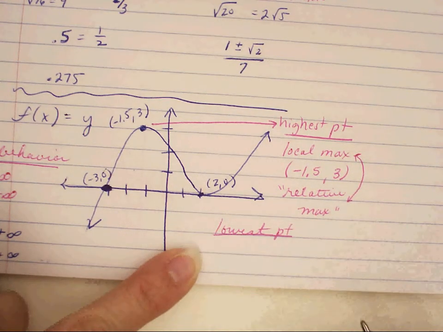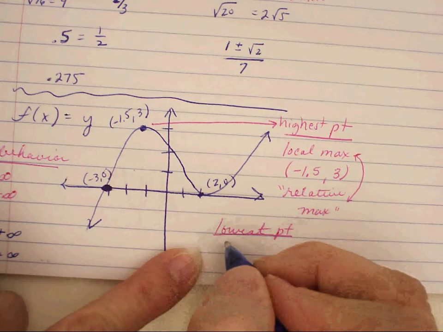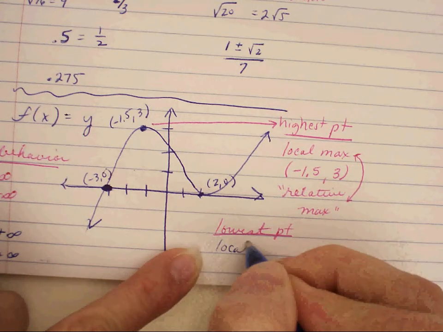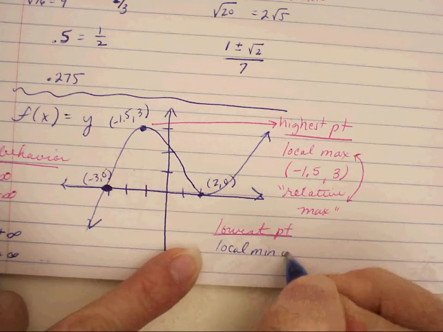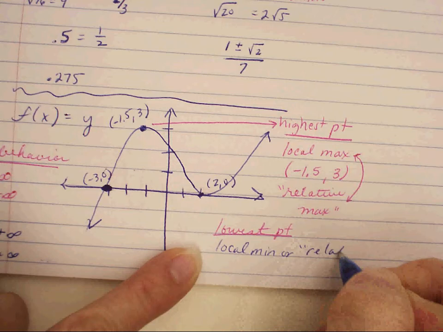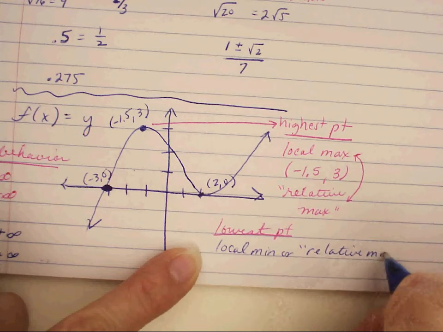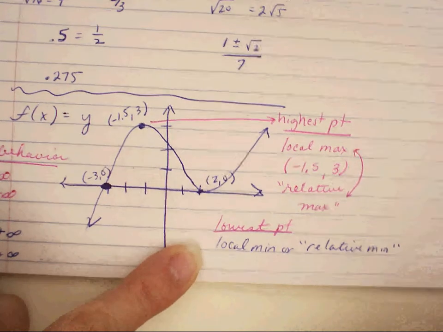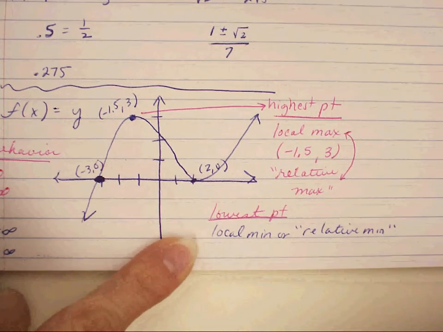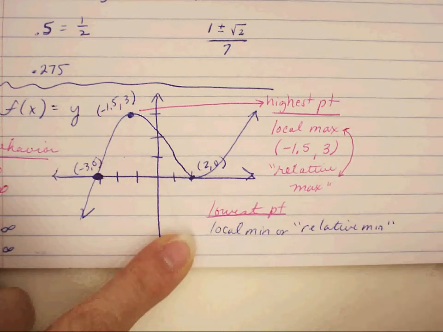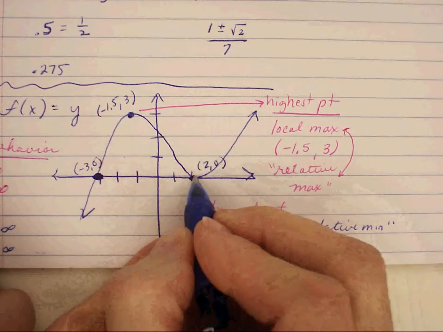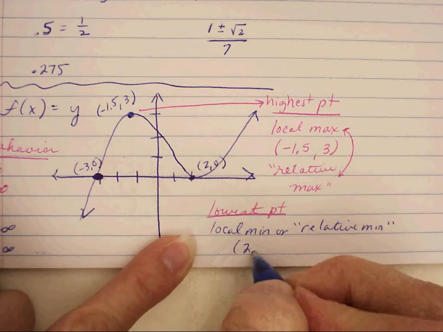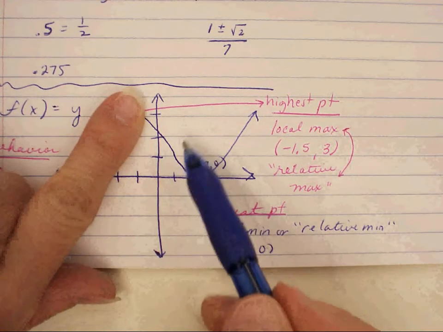All right, so now, do we have a lowest point that's not talking about end behavior? Do we have a lowest point? What do y'all think? I kind of already answered it. 2.0. You can call it a local min, or you can call it a relative min. There is no absolute min.